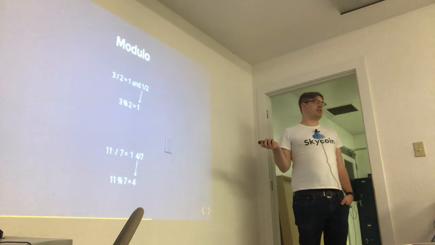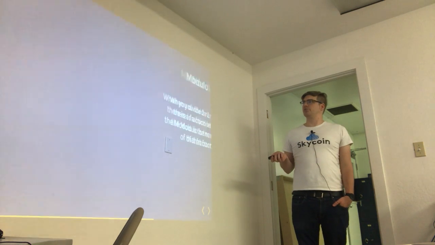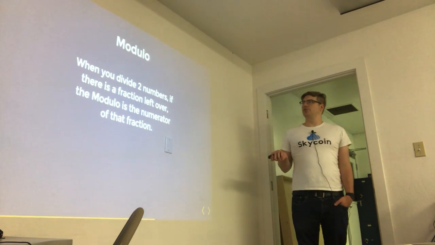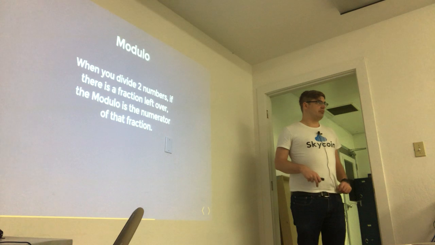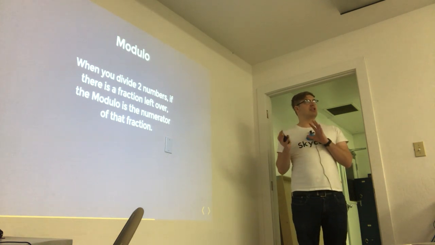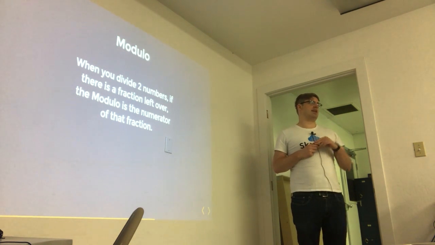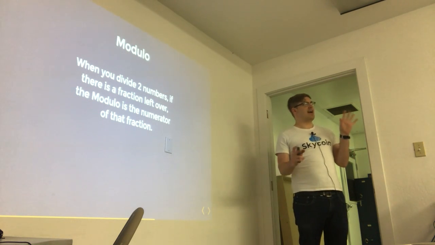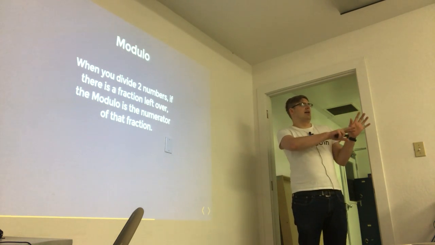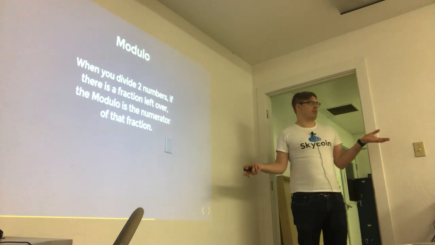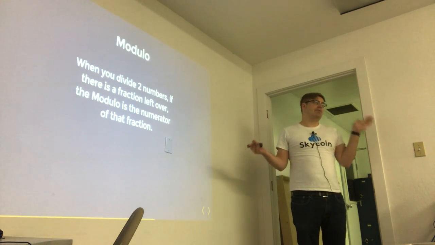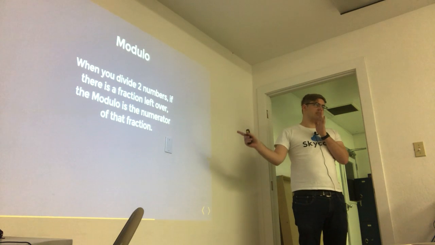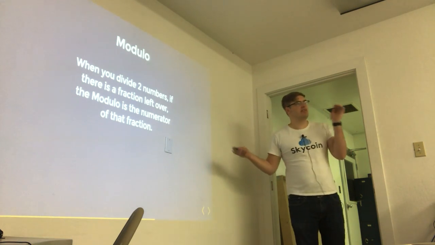So it's a weird thing, but it actually turns out to be very, very useful sometimes. You use modulo to find out if two numbers go into each other evenly. Like if you said, does 4,592 divide evenly into 1,223? And you don't know, but if you do a modulo and the answer is 0, then you say yes, it does divide evenly.